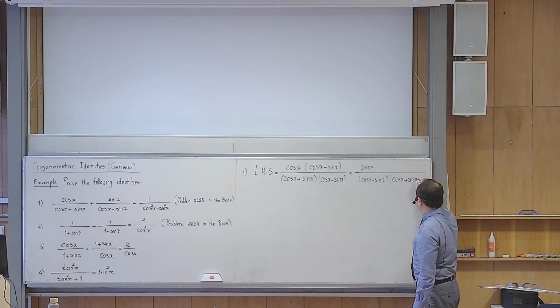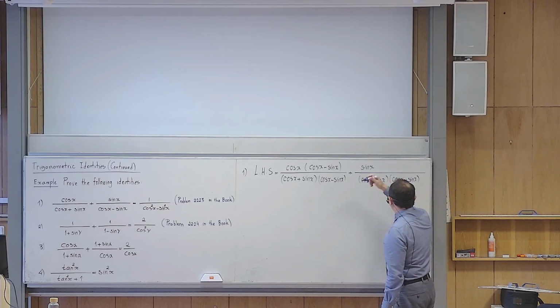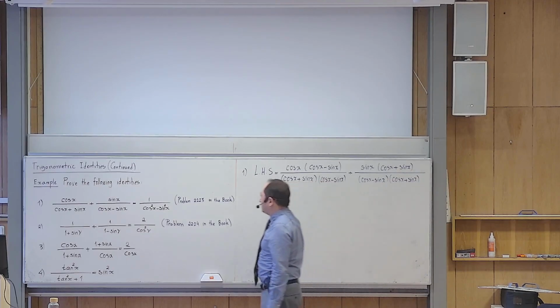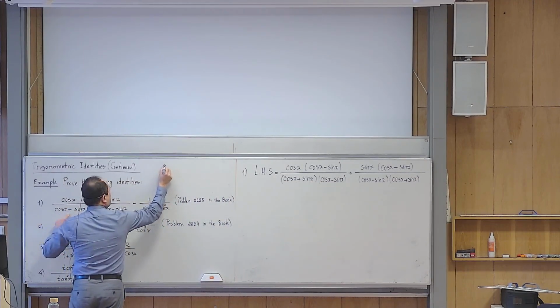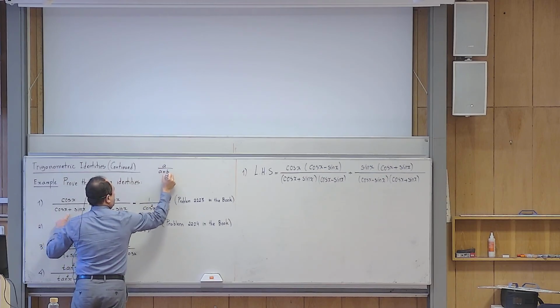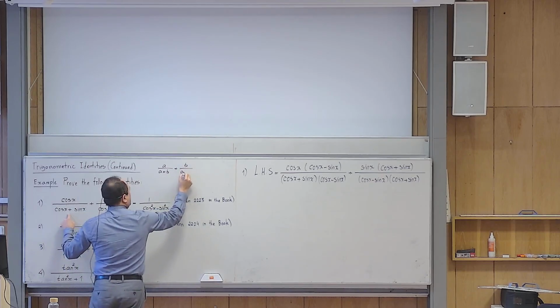If you are a little bit weak in that, you need to review the previous videos in Math 3C where you are simplifying algebraic expressions. But hopefully you know how to take the common denominator. For example, in Math 3C you had this situation: a over a plus b, plus b over a minus b.